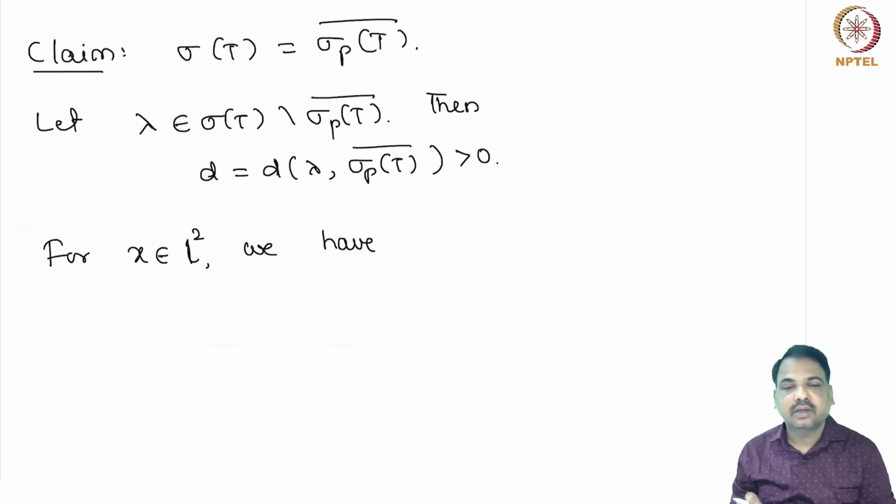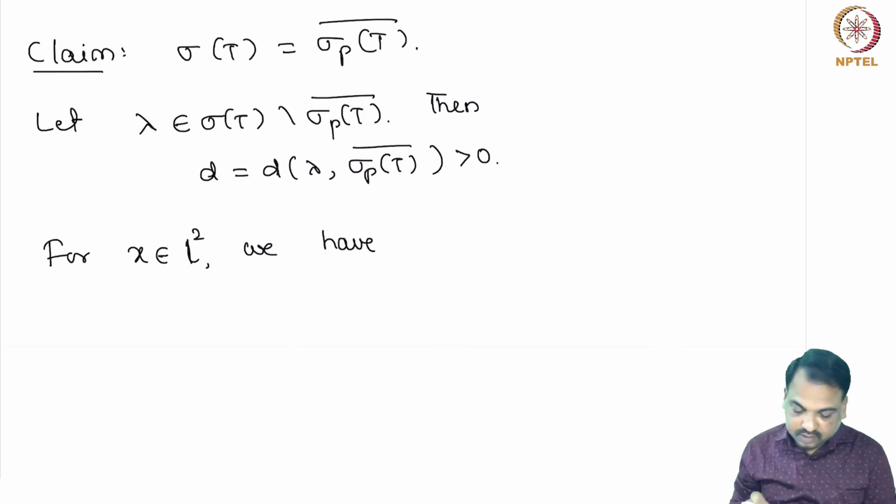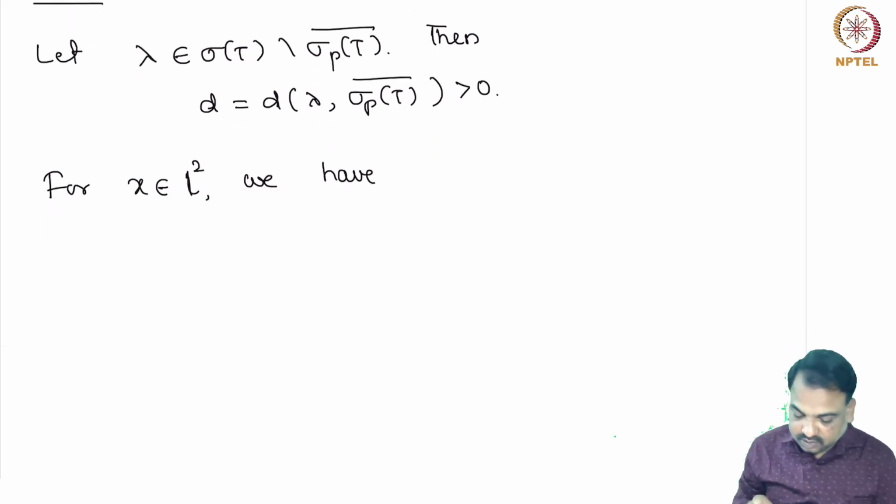Since lambda is outside the closure of the point spectrum of T, we show that it is also outside the spectrum. From that we can conclude that these two sets, the spectrum of T and the closure of the point spectrum, are the same.